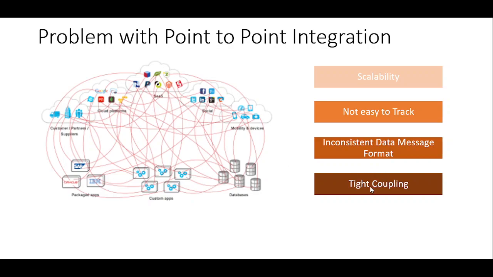The problem here is, for example, if something changes in SAP, like a password policy of refreshing the password, or because of a new compliance you want to have a new authentication in place in SAP, then you need to reach out to each application connected with SAP, and you need to maintain the connection and the session with each one of them. You need to coordinate with each team. So those are some of the disadvantages of tight coupling.